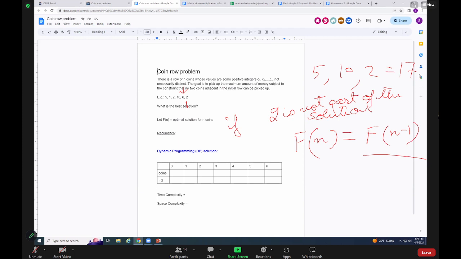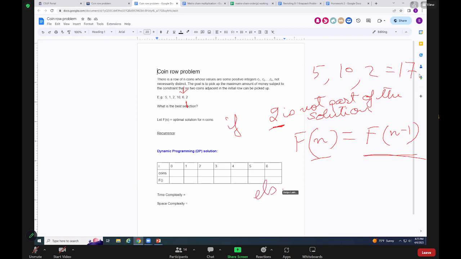But you're not able to pick up 2 because it's adjacent to 6. So perhaps you already picked up 6, given what you picked up earlier, which is why for the n coins, you cannot pick up the last coin. So then you would just have to say that f of n is just f of n minus 1 because you cannot add the last coin.